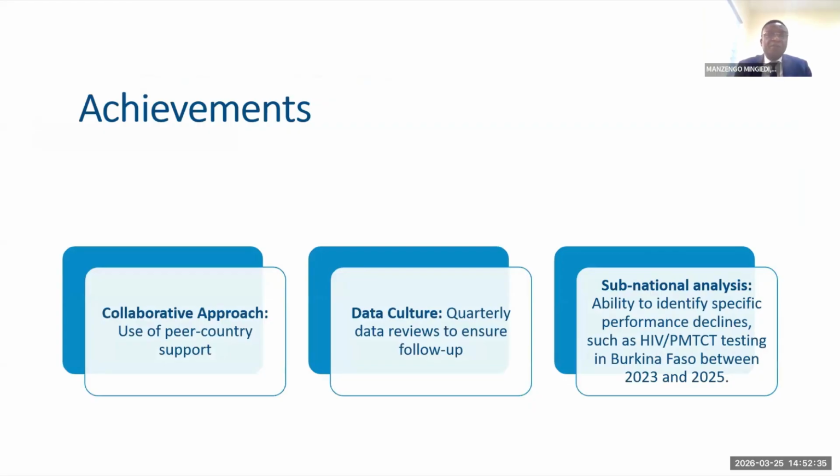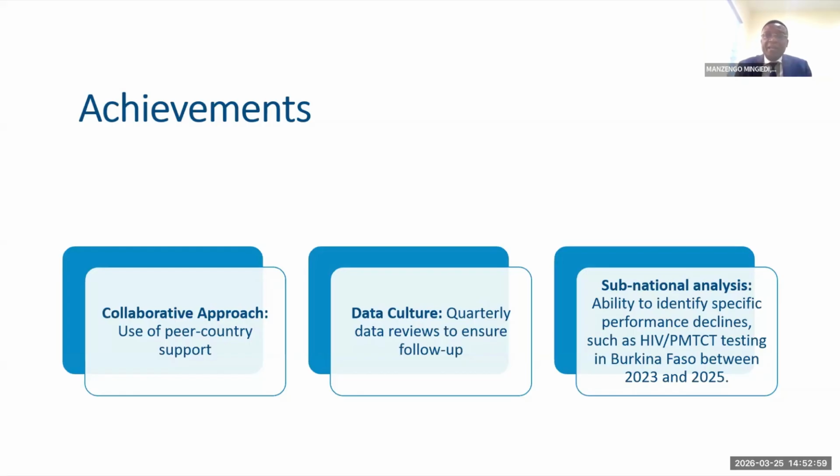We can summarize them in 3. The use of peer country support was very useful between these countries. Also, the data culture is now more and more effective in these countries.